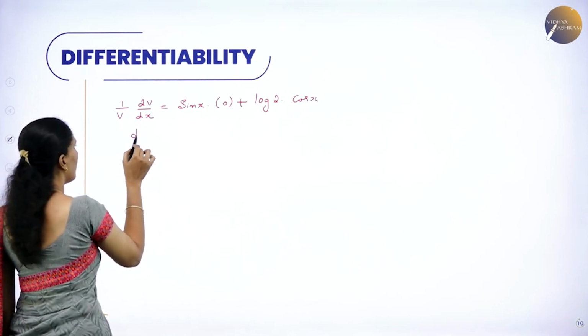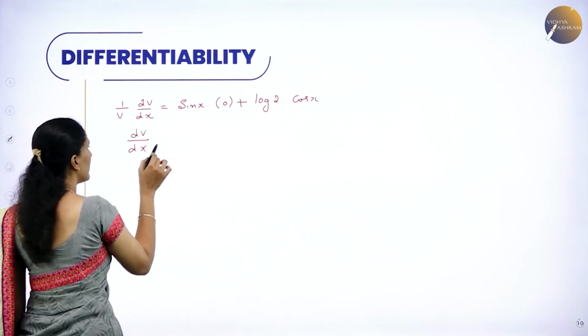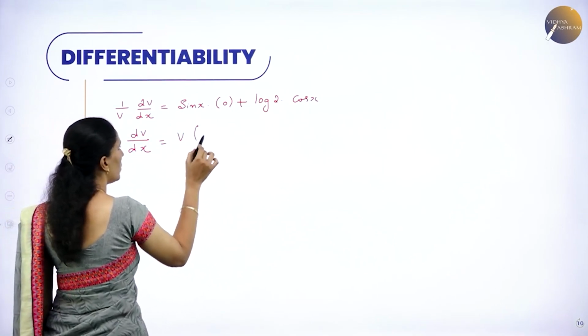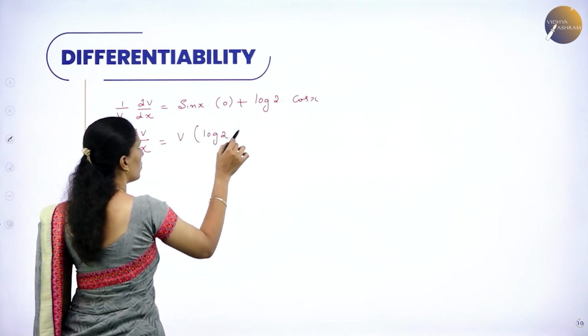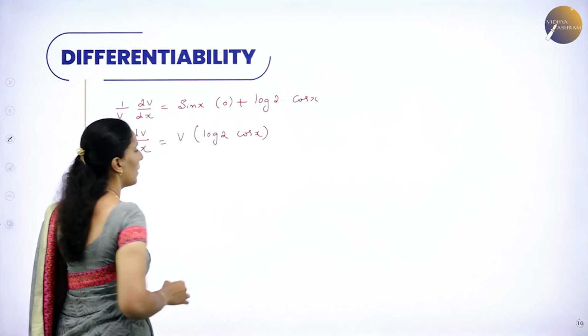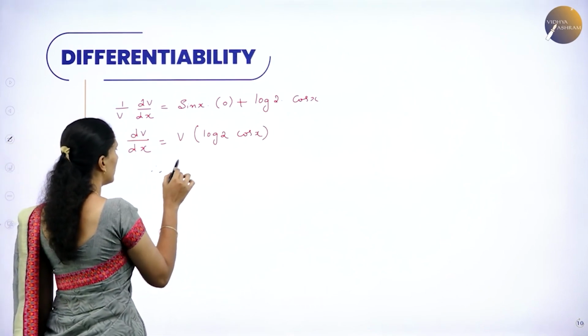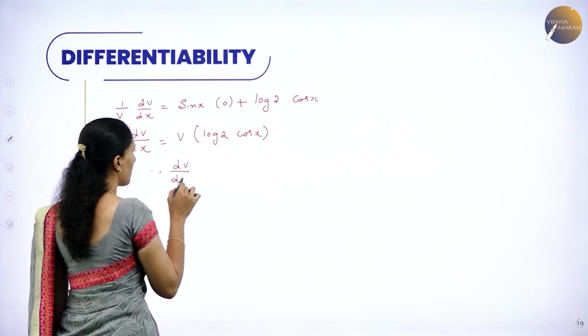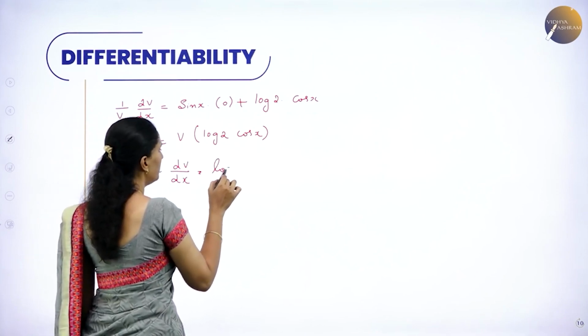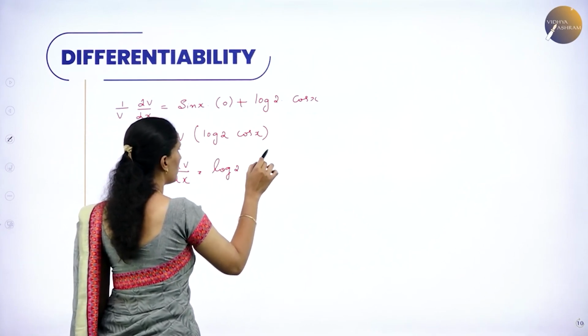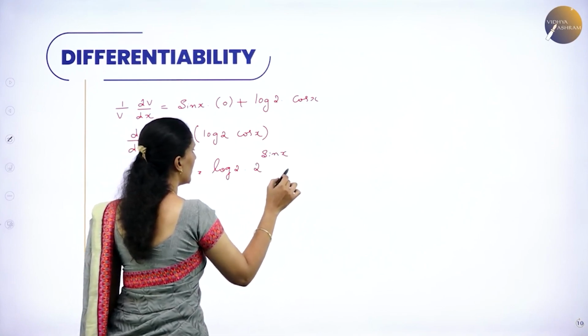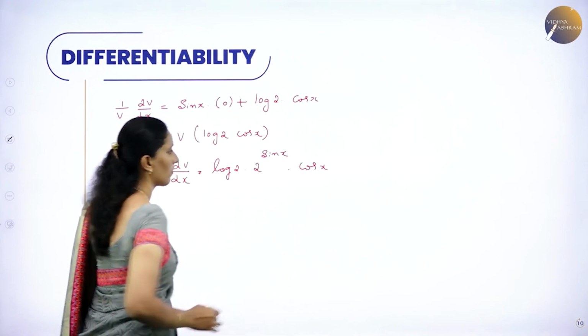So now here we have dv by dx is equal to v into log 2 cos x. But what is v? It is 2 to the power sin x. So therefore, dv by dx is equal to log 2 into 2 to the power sin x into cos x.